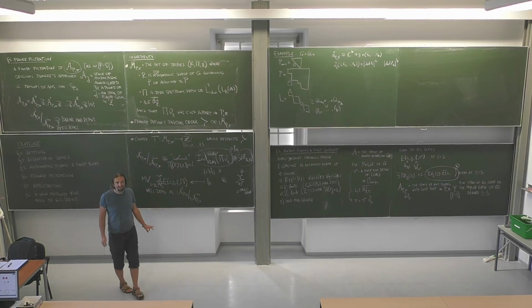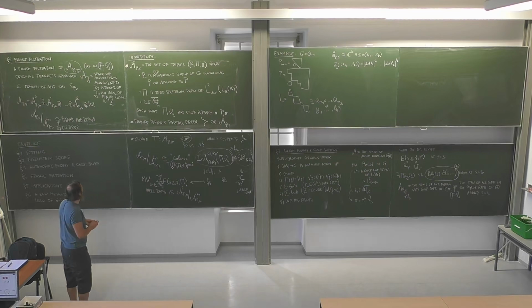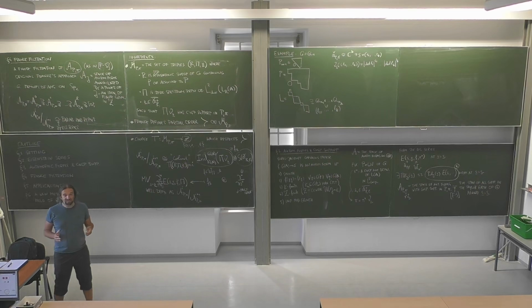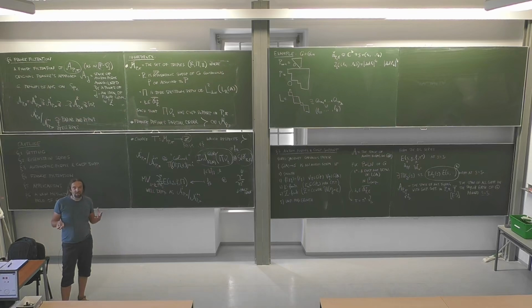Well, usually the smallest subspace is the square integrable one, like the residual representations. But it is not always so. We have examples where the order of parabolics is interchanged.